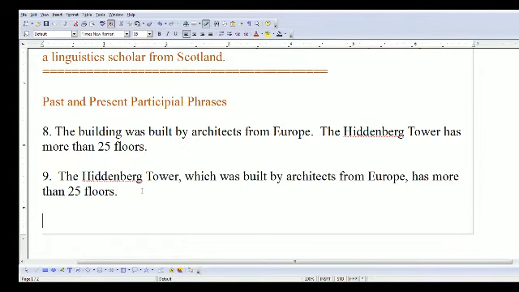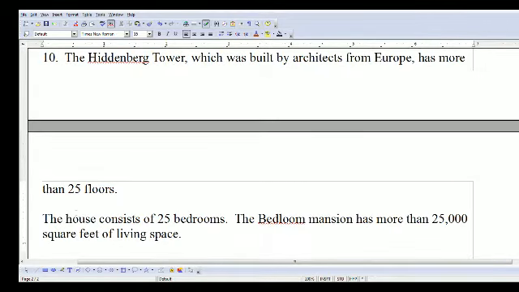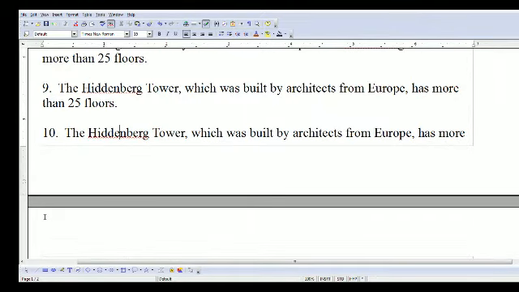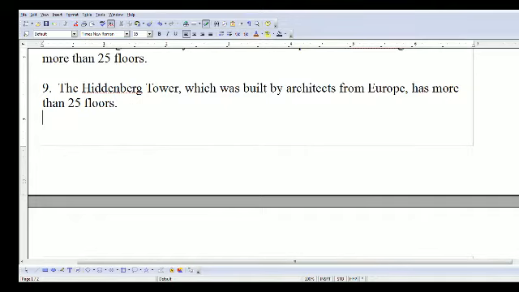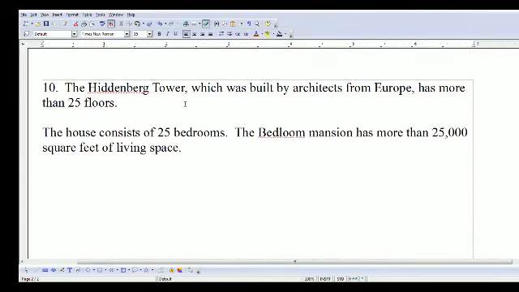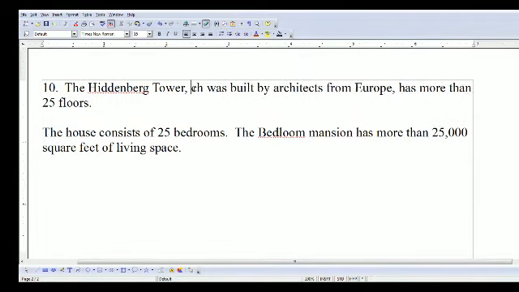Okay, now let's go to number 10. So we want to take this idea and let's go here. We have the Hindenburg Tower. Maybe we can start here. Instead of saying which was, we're going to do this. The Hindenburg Tower, built by architects from Europe, has more than 25 floors.